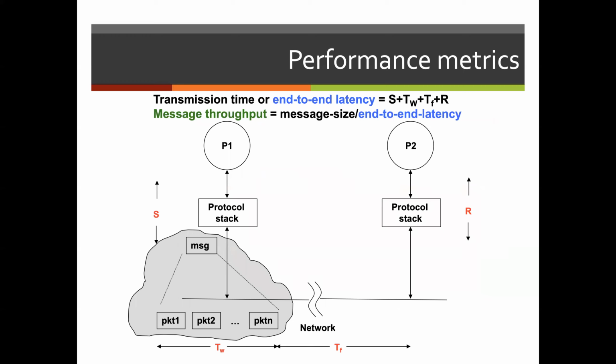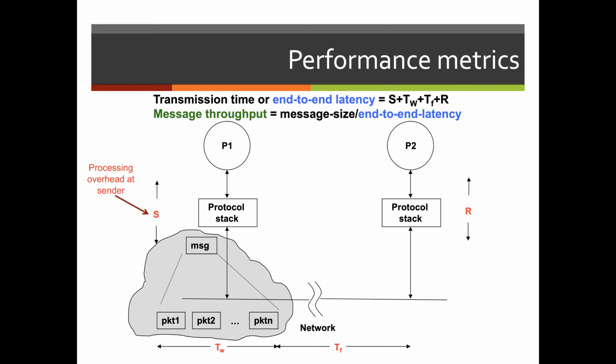And so when we talk about performance, we're talking about the transmission time or the end-to-end latency that our modem will transmit. And then we're also talking about message throughput.